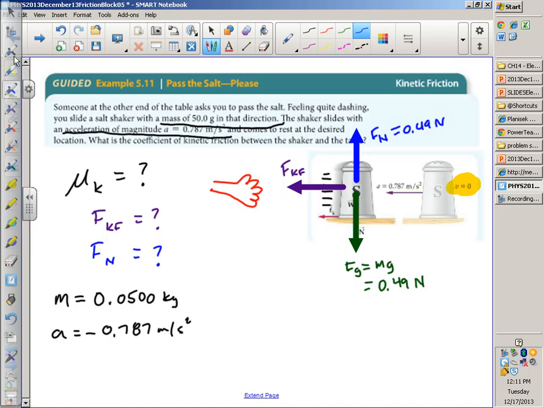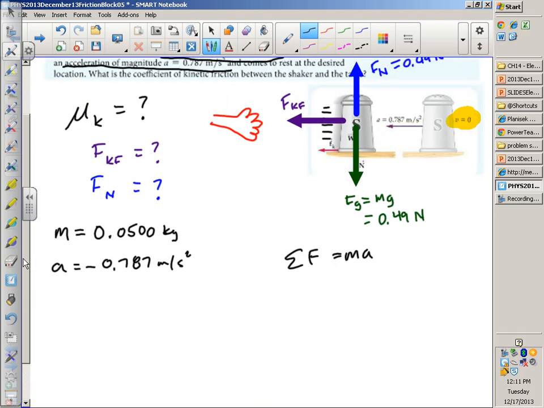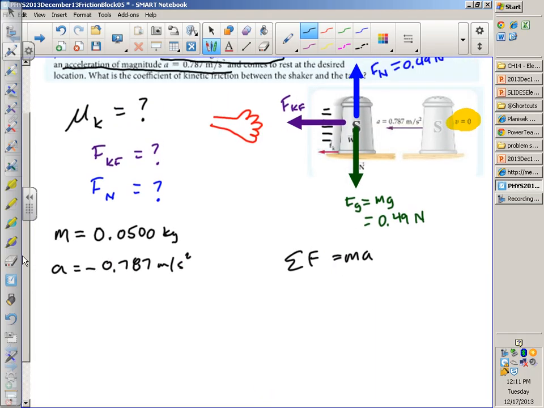So moving forward, this is an accelerating object, and we can analyze an accelerating object with which equation? We've only written it like 100 times in the past week, right? Sigma F equals m times a, Newton's second law, to analyze this accelerating object. What did we say the sigma meant?